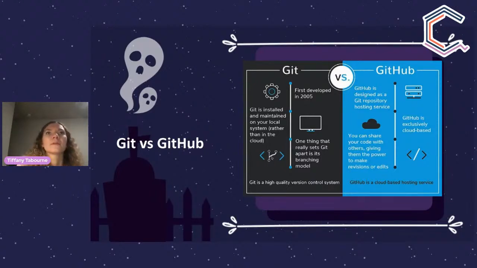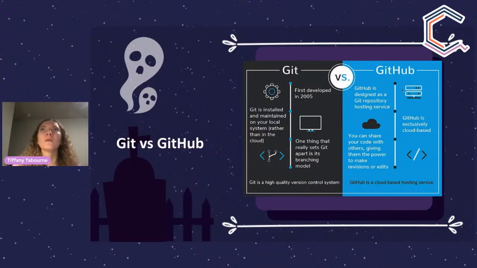Both of those versions can be changed. So let's say you want to focus on one feature or a specific addition to something, you can create these different branches that allow you to have different versions of your code and different edits of your code.